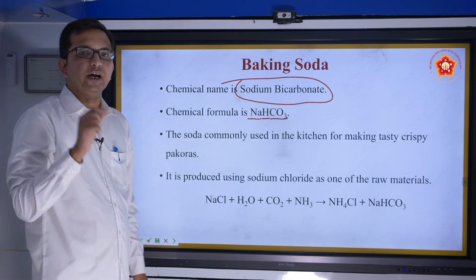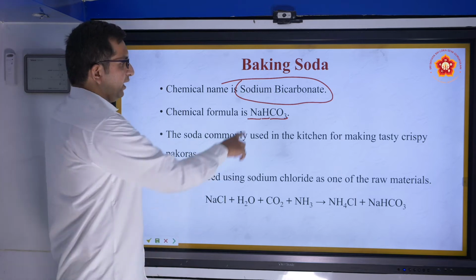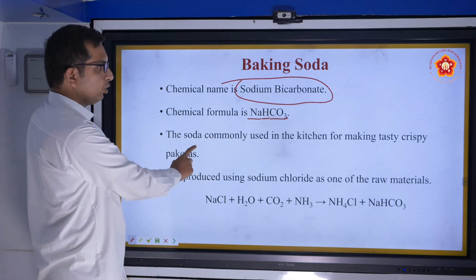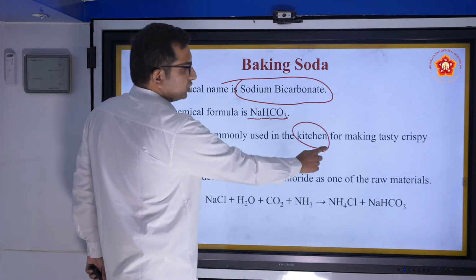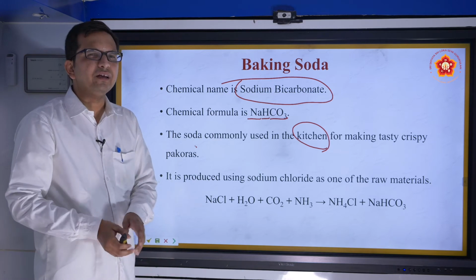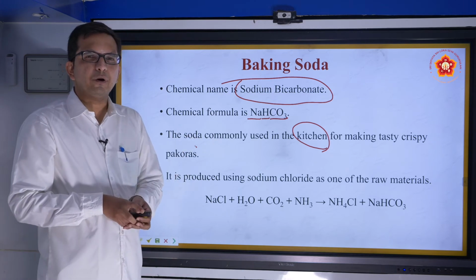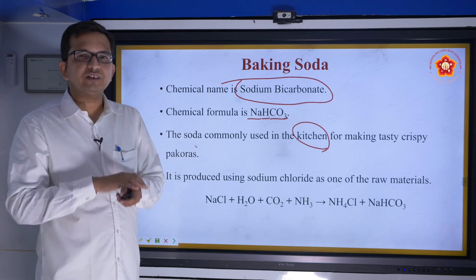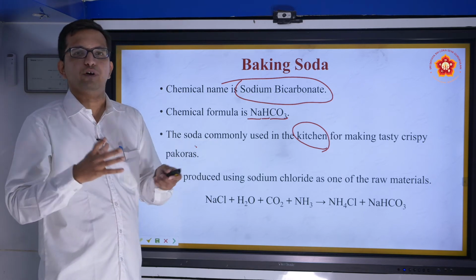Bi indicates the hydrogen which is present. So the NaHCO3 compound is used, and that is why this soda is commonly used in the kitchen for making tasty crispy pakoras. Mainly, what we understand by this baking soda is that it is able to offer that crispy or fluffy nature to food items.